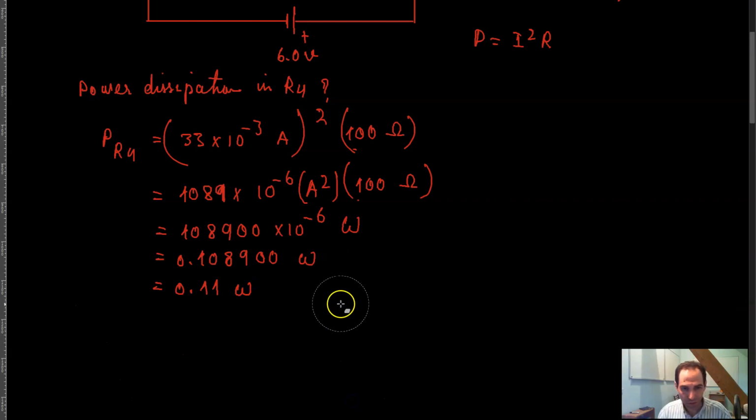So that's how you calculate the power dissipation for R4, which is the same thing as 110 milliwatts, if I'm not mistaken. Or you can call it 0.11 watt.